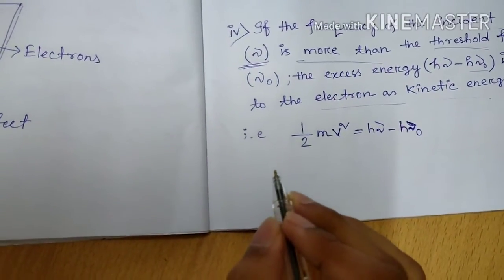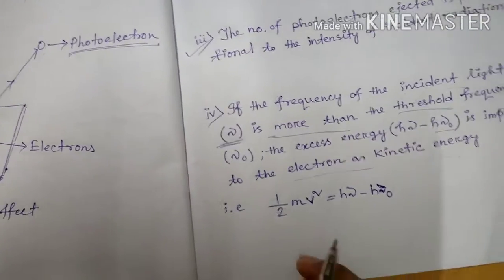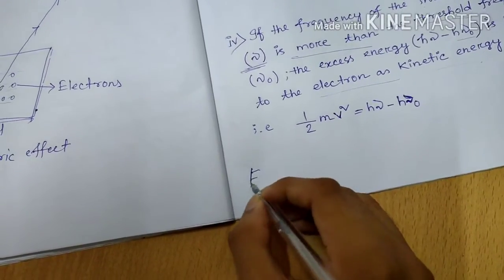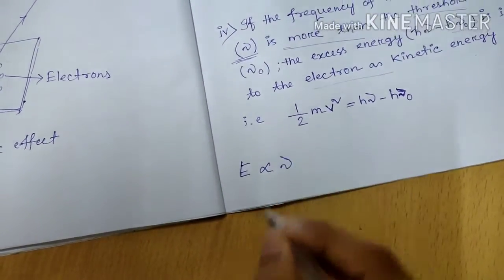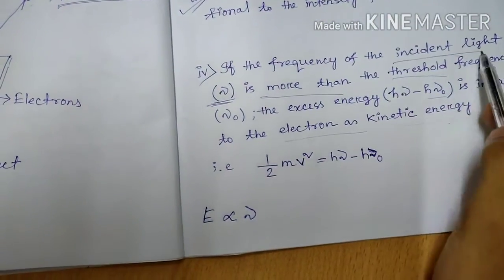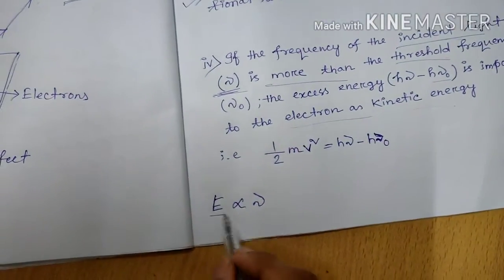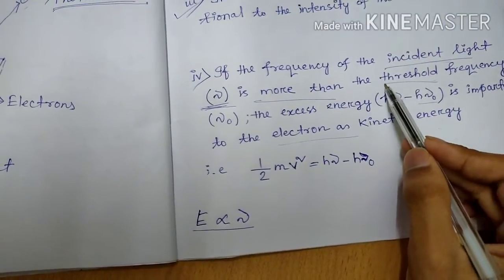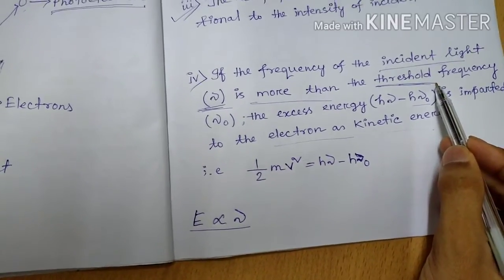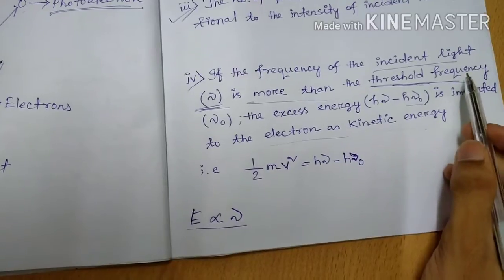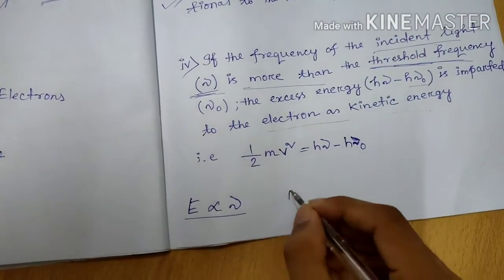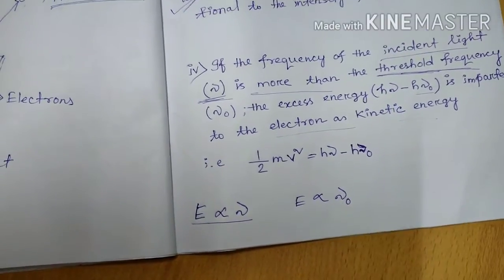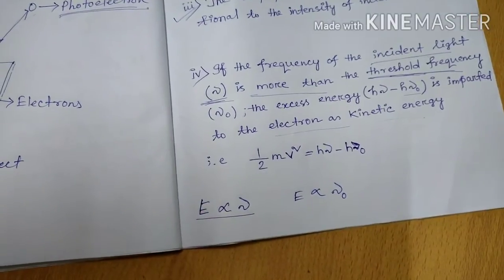All of you know, according to Planck's quantum theory, the energy is directly proportional to frequency. Okay, so for this incident light of frequency nu, the energy will be this one, and for this incident light having this threshold frequency or minimum frequency nu naught, the energy will be directly proportional to nu naught. Okay, according to Planck's quantum theory.